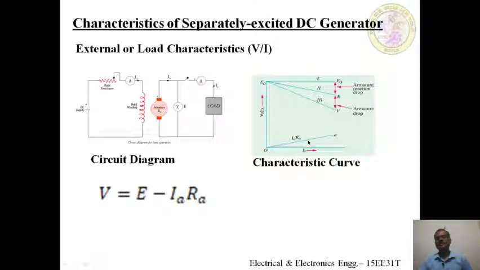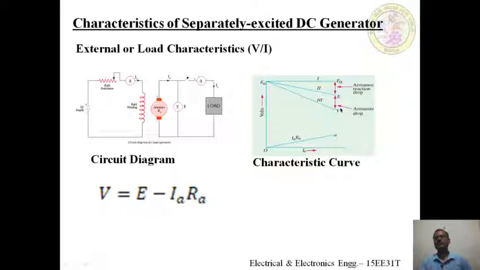If we subtract the ordinates of IA RA drop from curve 2, we obtain curve 3, which gives the value of V for different armature current. V is the load terminal voltage across the load terminals, that is, V = E − IA RA.